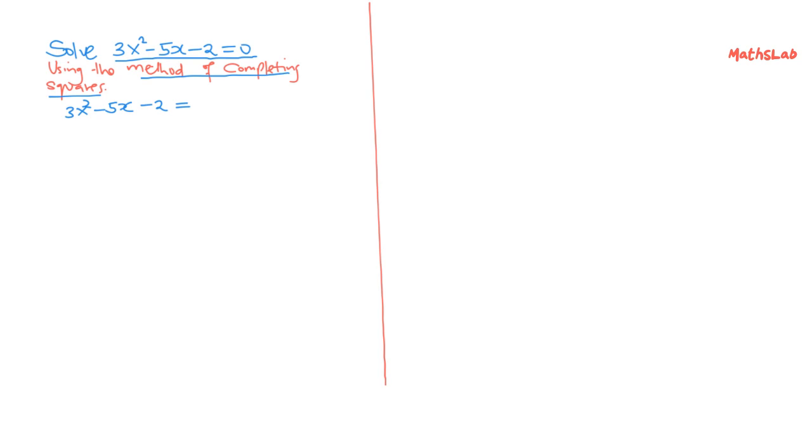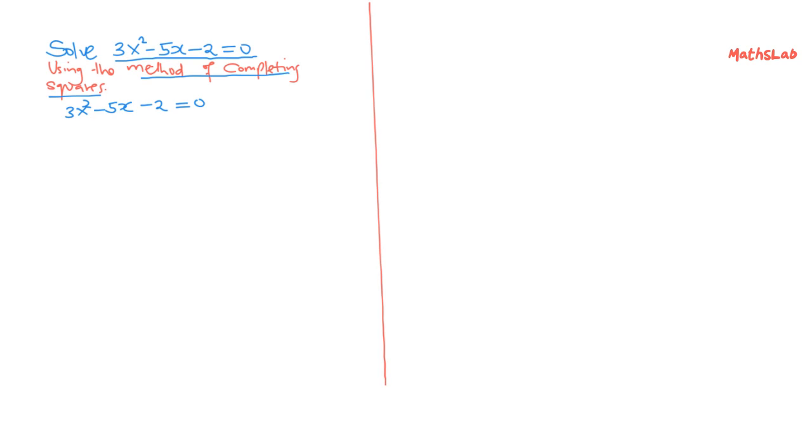The first thing we are going to do in attempting to solve this equation is to group the variables on one side of the equation, the variables we have being 3x squared and 5x, and try and push the constant to the other side of the equation. To be able to do that, we've got a 0 there.